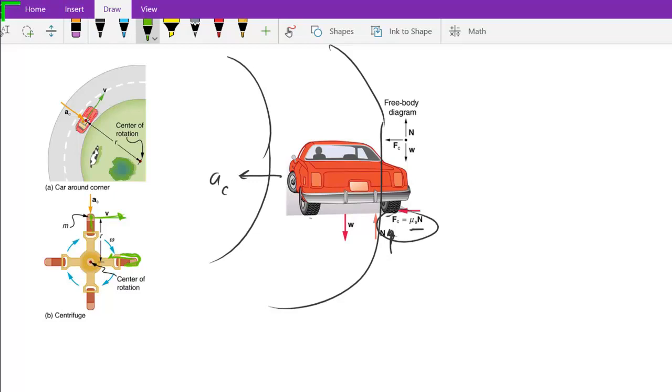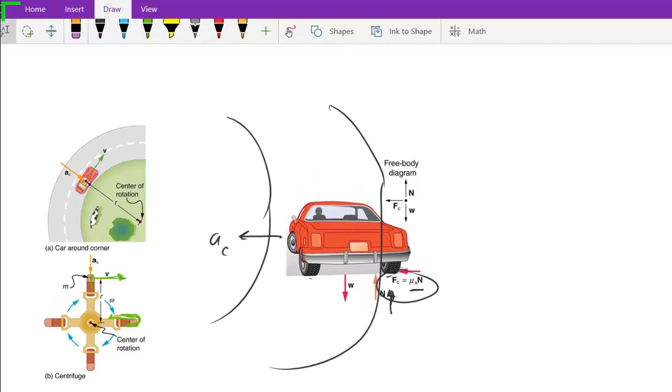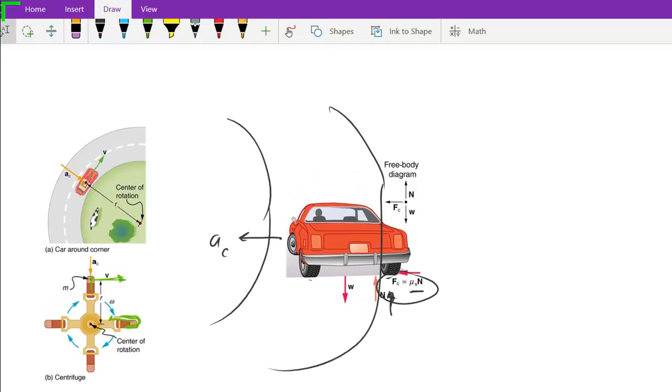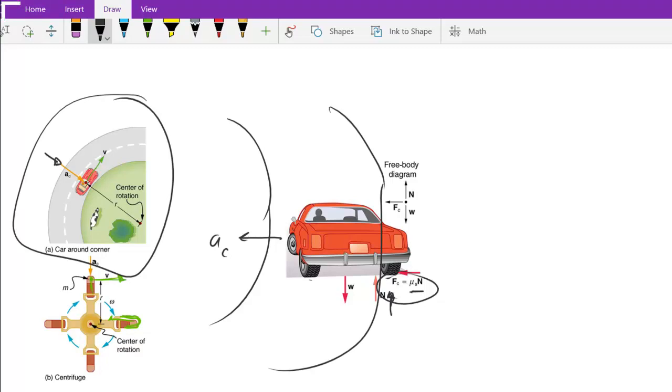So with this said, there's nothing really new to solving problems with centripetal acceleration. We draw a free body diagram and sum the forces, F equals ma, whatever forces cause whatever accelerations. So if we come up here to this car going around a corner, I would draw a free body diagram with my positive x going in this direction, the direction of the centripetal acceleration.